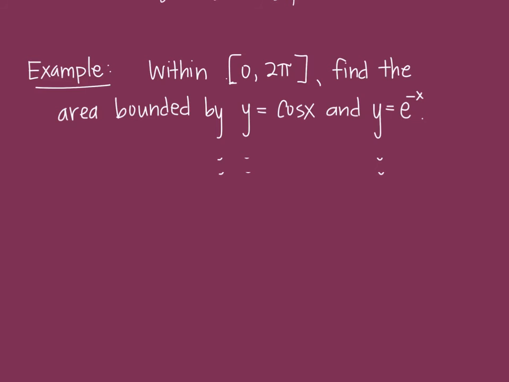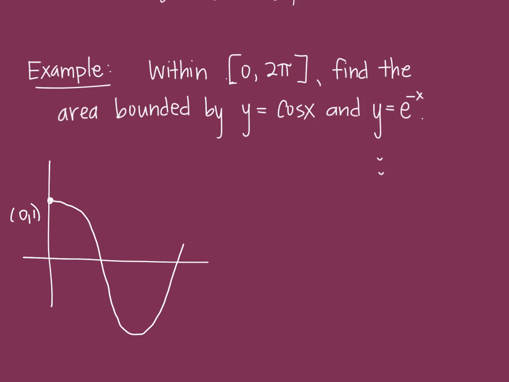So before we use our calculator to graph it, we should visualize what we're looking at first. Okay, cosine of x starts at 0, 1, and the graph of cosine of x looks like that and ends at 2 pi, comma, 1.